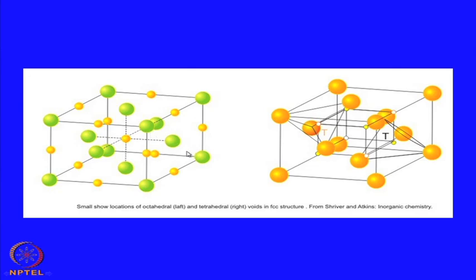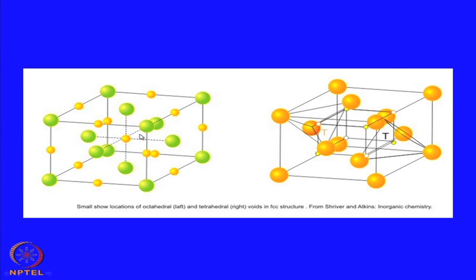There are two types of diagonals in these structures. One we call the face diagonal, the other is the body diagonal. Body diagonal means if a line is drawn from this corner atom to the opposite corner atom, then it passes through the center of the cube, and that is what we call the body diagonal.